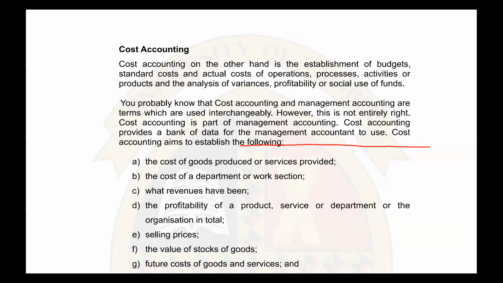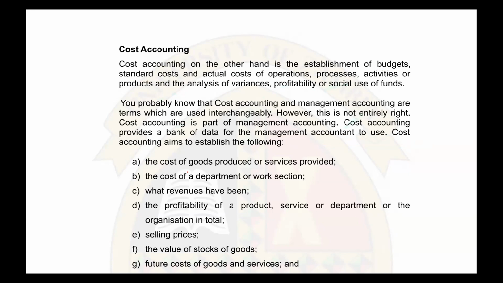So it's about budgeting, as I introduced, establishing the costs, studying the processes and activities, and analyzing the variances, the profits, and the uses of the funds.